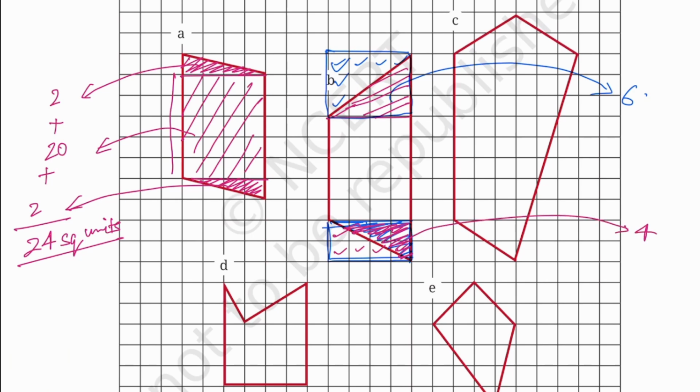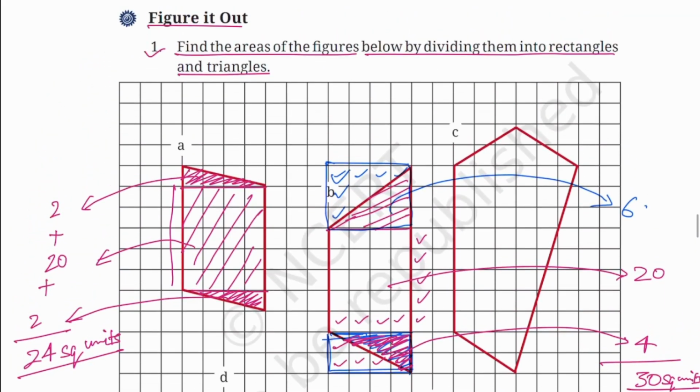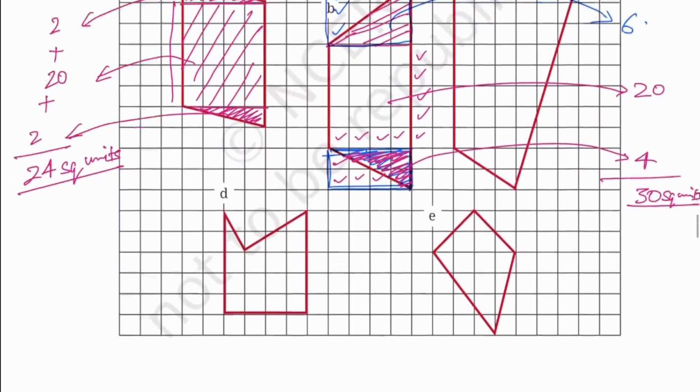Similarly, this rectangle has length 1, 2, 3, 4, 5 and width 1, 2, 3, 4. 5 into 4, that is 20. Adding all these three, you will get 30 square units. Similarly, you can split the given figures into triangles and rectangles and find the area.